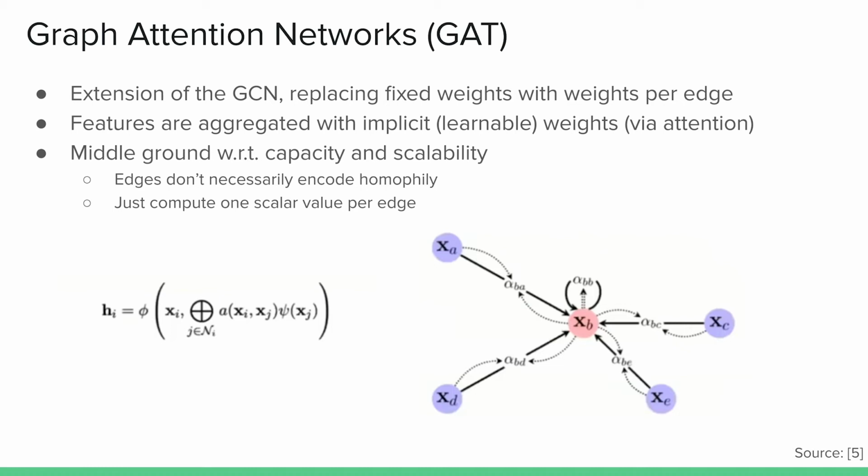It's basically a middle ground between the graph convolutional networks and the message passing that you will see in a second. And the edges here don't necessarily encode homophily. An example for this would be if you retweet a message, it doesn't mean that you agree with what the person said. So there is an edge between the two nodes, but it doesn't mean that it's a positive relation.